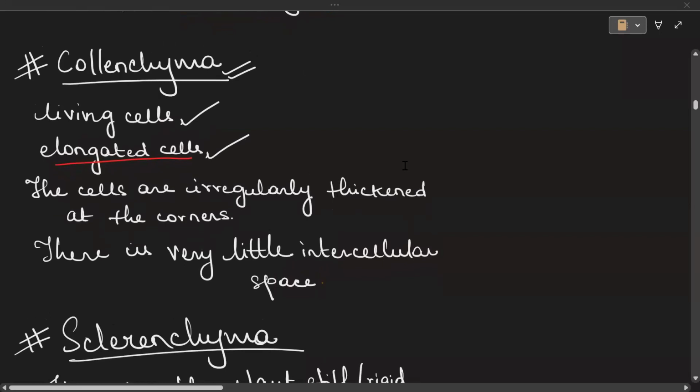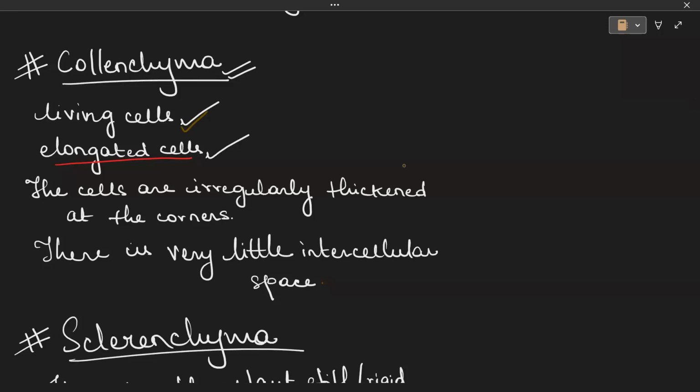Okay, all right. So see, we dealt with the parenchyma part, which was a simple permanent tissue. And now I have explained the collenchyma. In the collenchyma, there is the presence of living cells, and all the cells are elongated. If they are living, it means that the protoplasm is present.